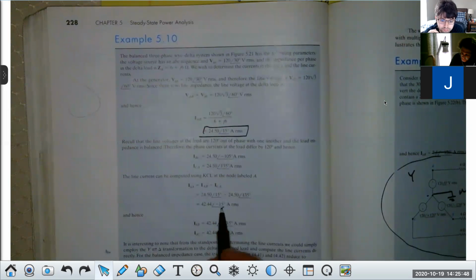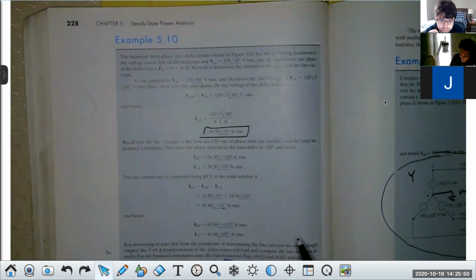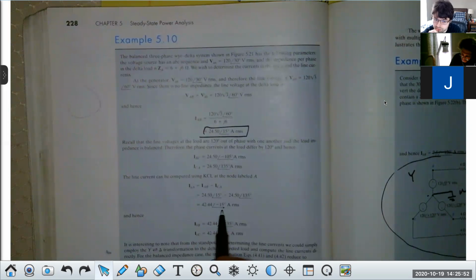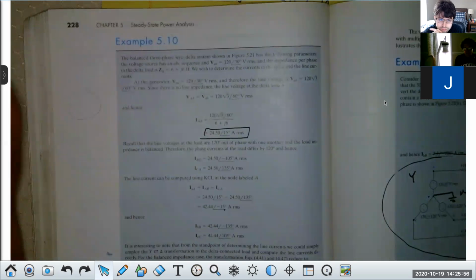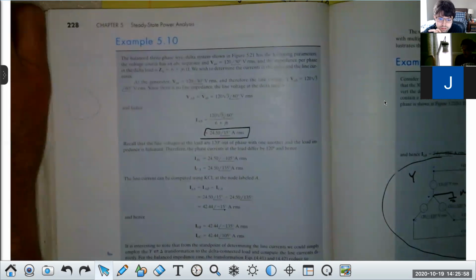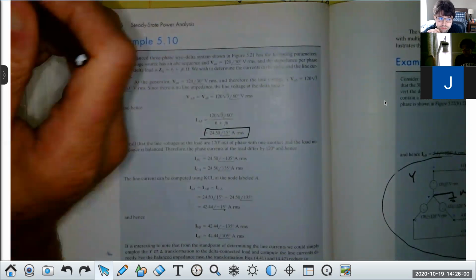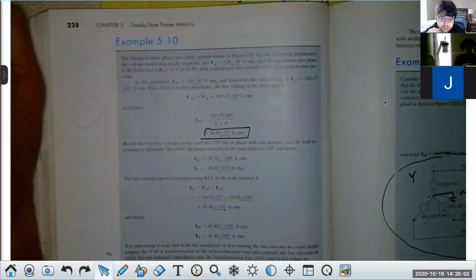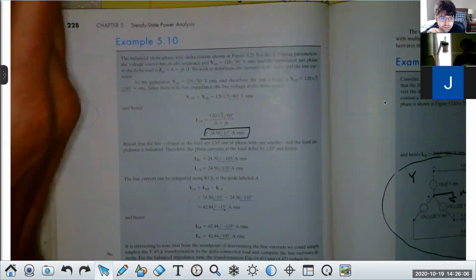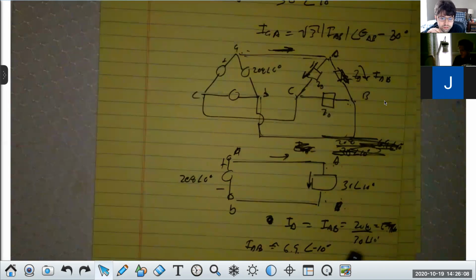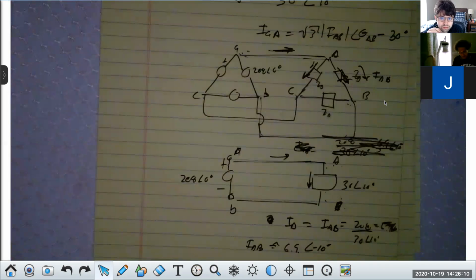Now, I'm going to go through this a little bit more and make it a little clearer next time, but that's really what I wanted to talk about. Are you guys good with that? Yes, sir. And the real thing is, if you have voltages across elements and impedances, you just divide voltage by impedance and you always get current, but it can be tricky.